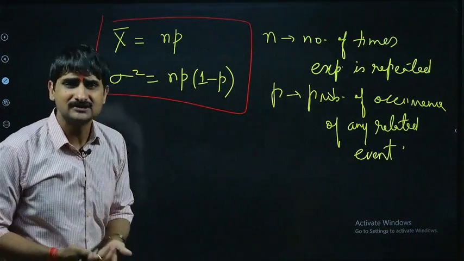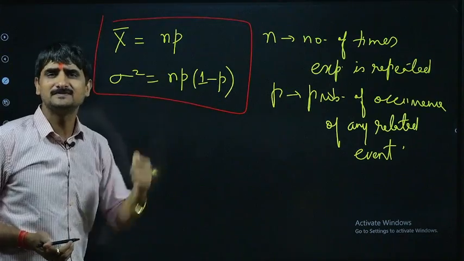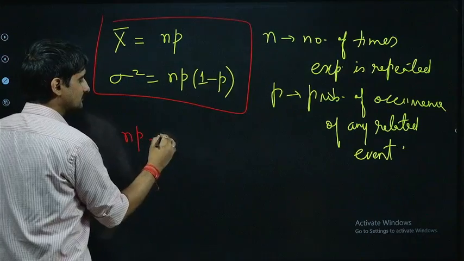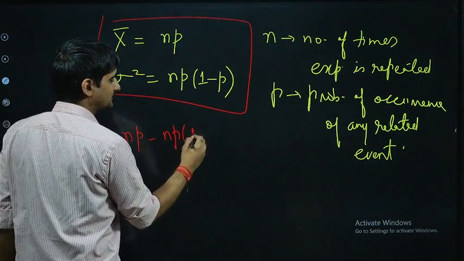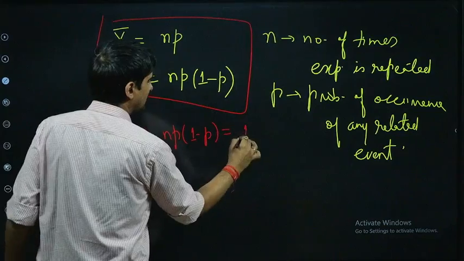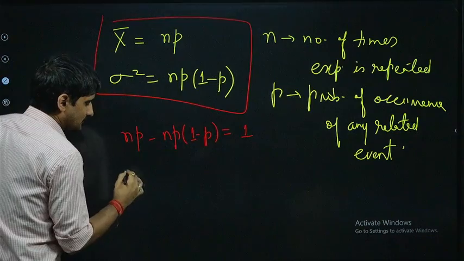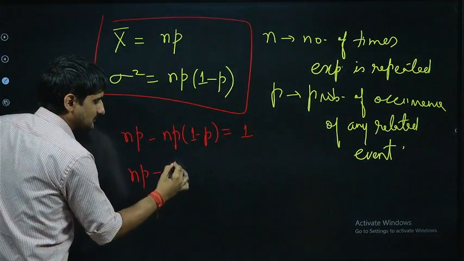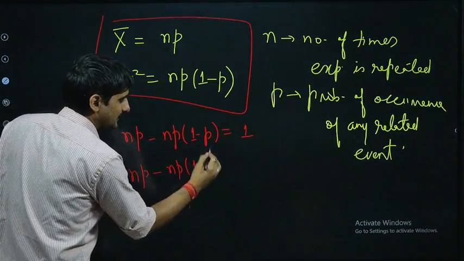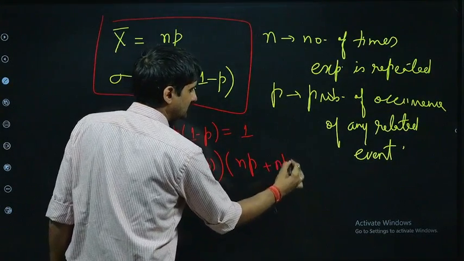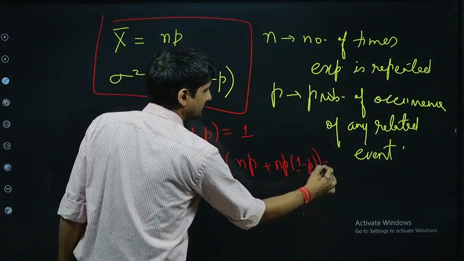Now which one is larger? Of course the mean is larger because 1 minus p is less than 1. So np minus np into 1 minus p is 1, and what else have they given? The difference of their squares is 11. So the difference of squares gives us np plus np into 1 minus p, which is equal to 11.